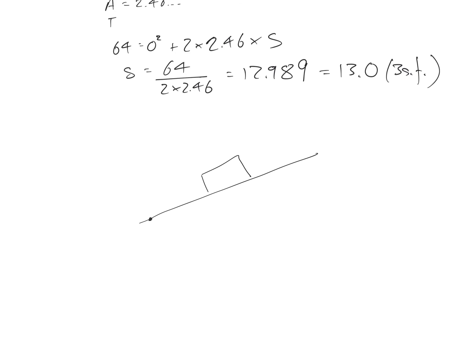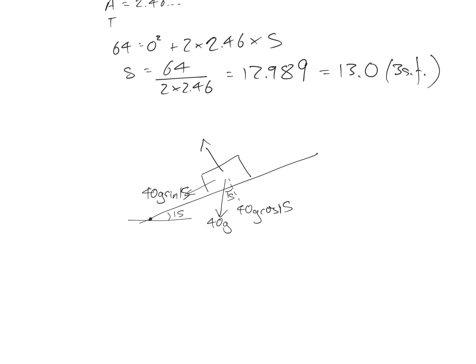So we know the distance. It's going back the 13 meters. We've got 40g here, so that's the 15. So that's 40g cos 15, and this is 40g sine 15. It's smooth, so that's the only force on it.